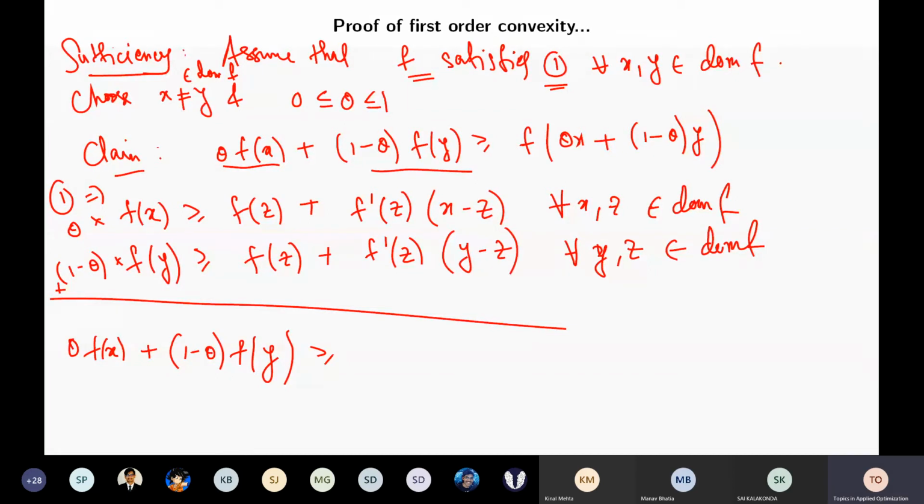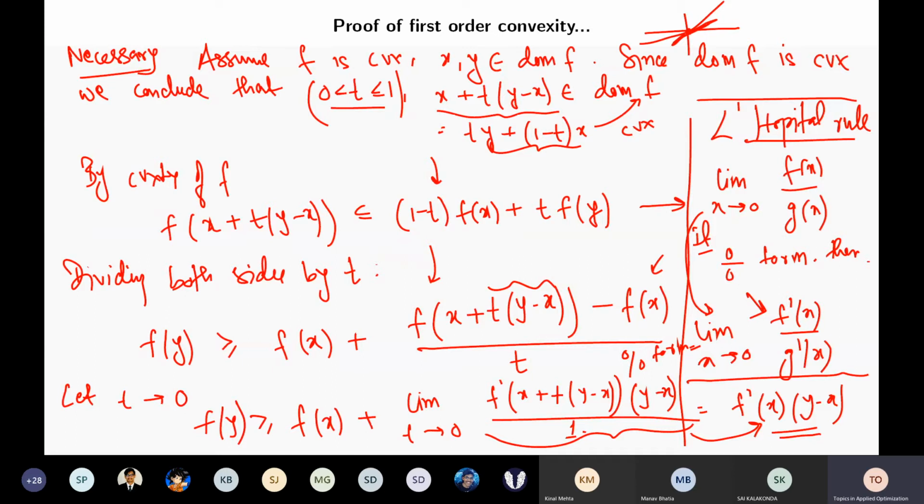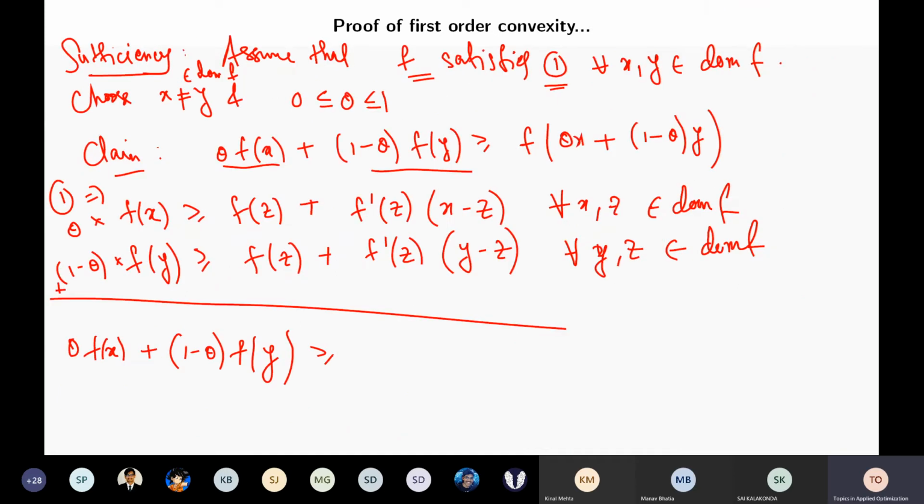Oh, I haven't defined z yet, right? The z I am taking is not just anything.